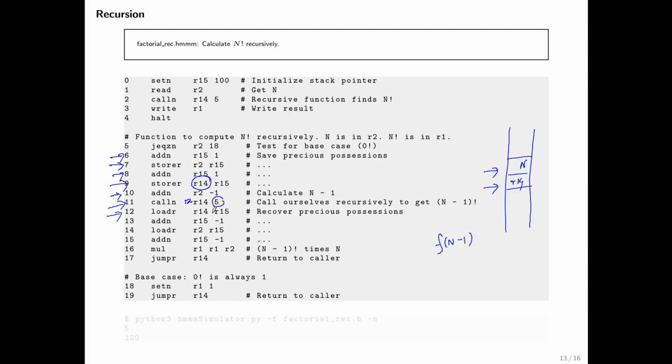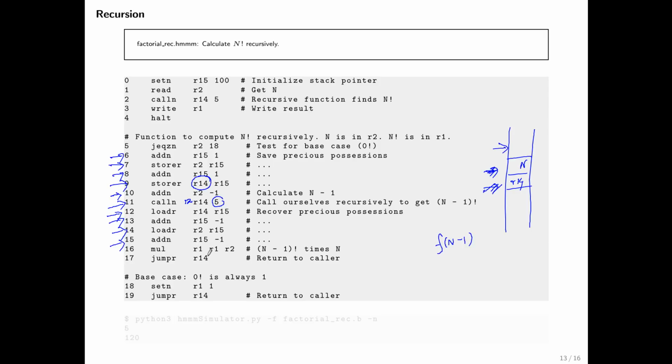Then we decrement the stack pointer by 1. Then we load whatever is on top of the stack into R2. What was on the stack? It was n, so we load it into R2. And then we decrement the stack pointer further by 1, so the stack pointer now points there. And then we perform this multiplication.